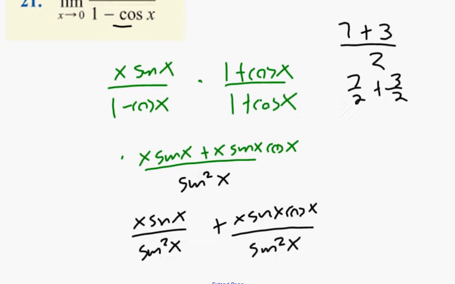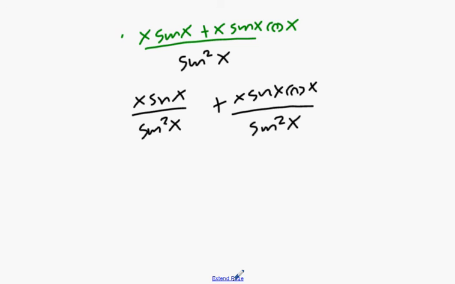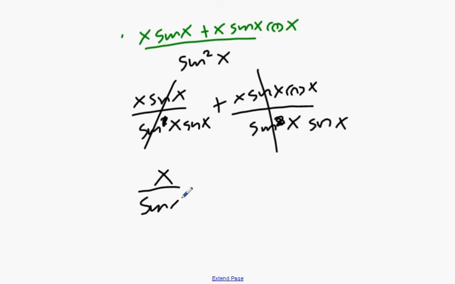Okay, now, what to do next, guys? Remember? That's sine x by sine x, and this one's also sine x by sine x. The two sine x's cancel, don't they? This one's left as x over sine x, and then the other one. What's cos x over sine x? Nearly.